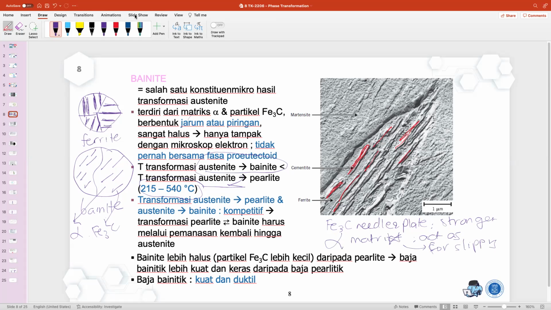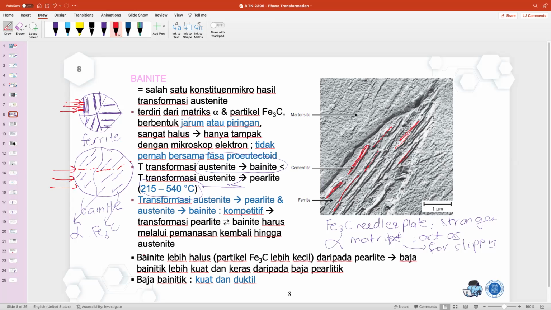So if we have some load, for example here like that, it can sometimes go to here, and then here, and then here, so it still can have plastic deformation, lebih lunak, ya, lebih ductile. Rather than here, where a load will get stuck in the cementite, because it is a very continuous layer, but in bainite the cementite is not continuous.